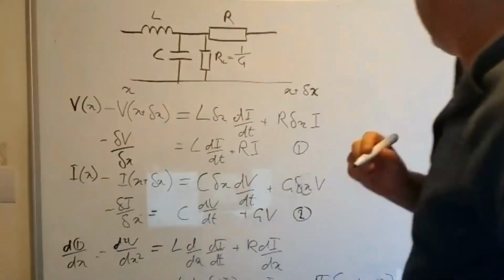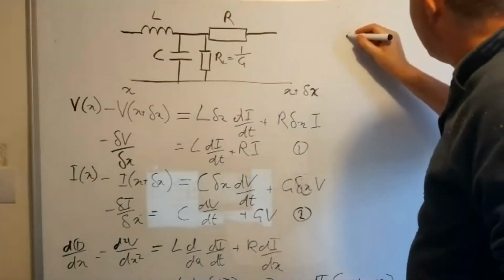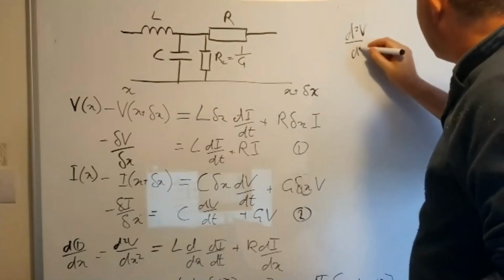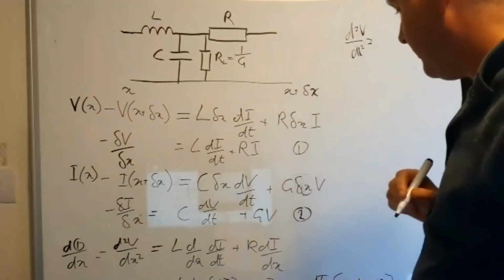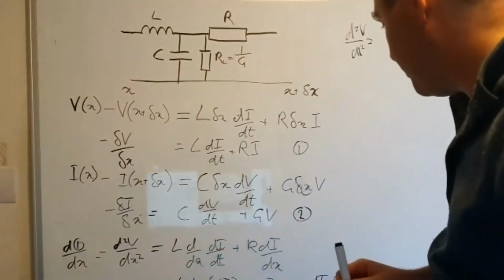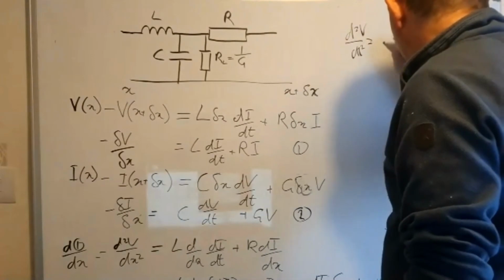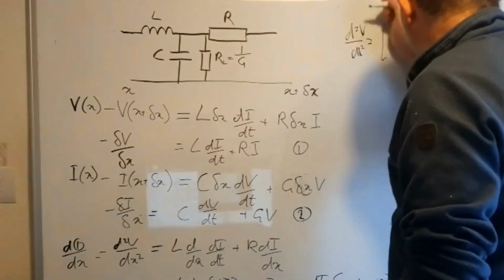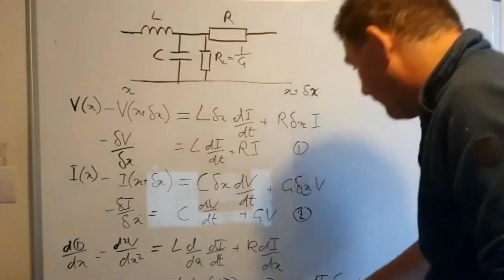So we're going to end up with d2V dx squared, gathering the terms all together. Actually, let's write the first bit from here first.